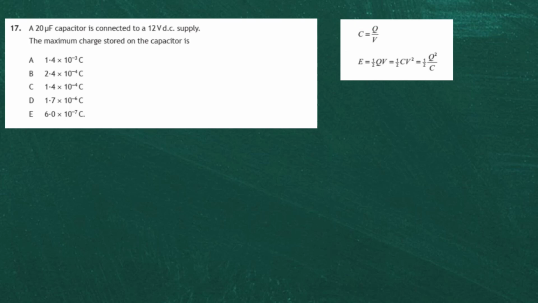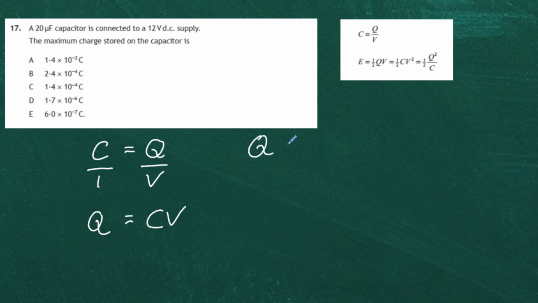So let's work out the equation we're going to use. We have capacitance C equal to the charge divided by V. We're trying to find the charge stored on the capacitor. So cross multiplying, we're going to have Q equal to CV. So we're going to take the value of the capacitor, multiply it by the voltage, and we'll have the charge stored on it. So let's put in the numbers.